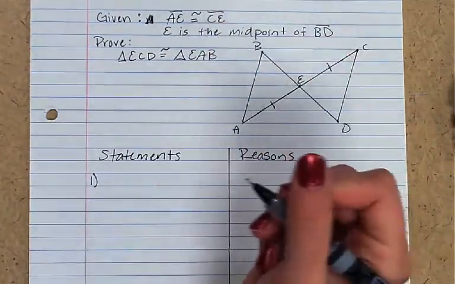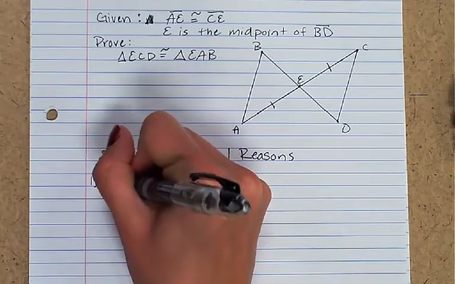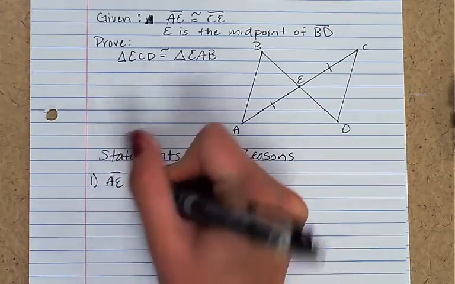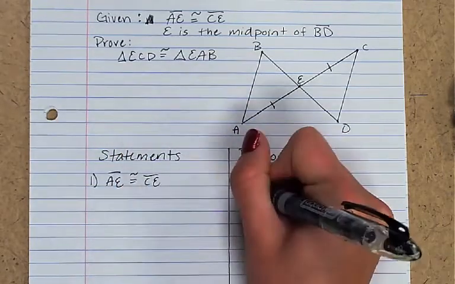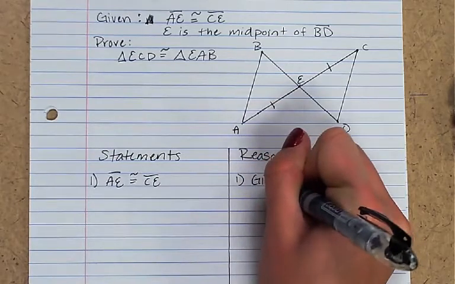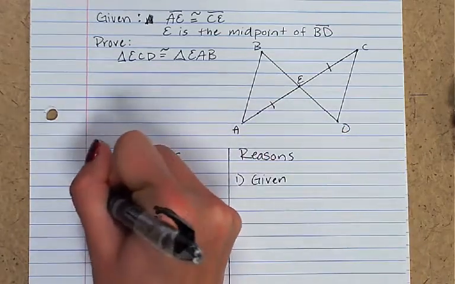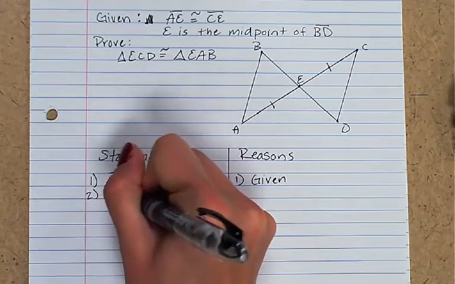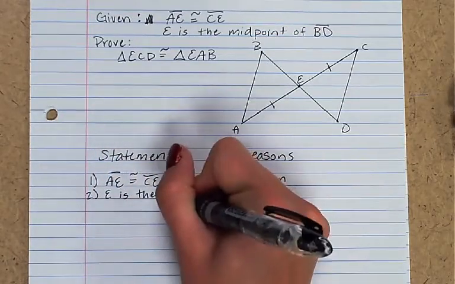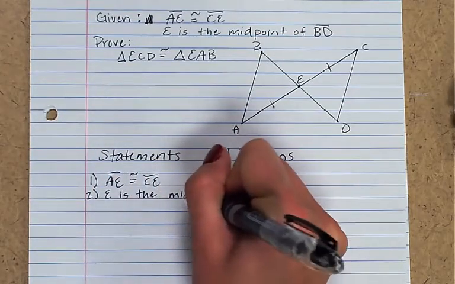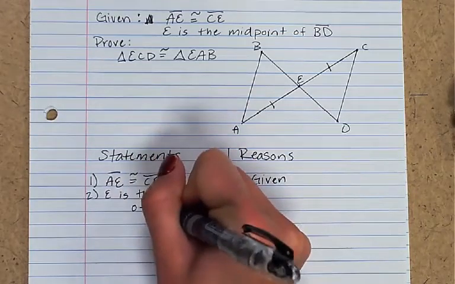Our first statement, remember you always start with a given. One, segment AE is congruent to segment CE. Two, E is the midpoint of segment BD.